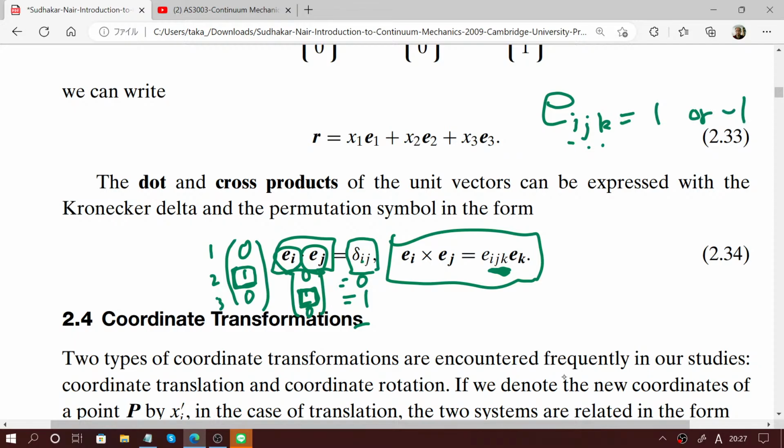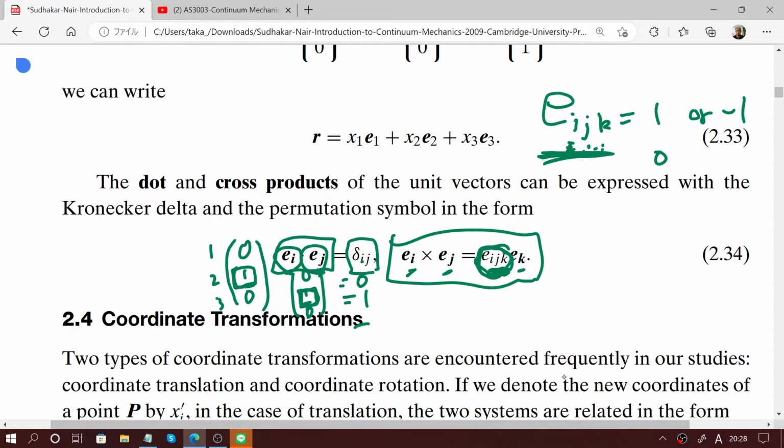If any two of them become the same, then the value of epsilon IJK is 0. So in order for this epsilon IJK to have a value, I, J, and K have to be different.